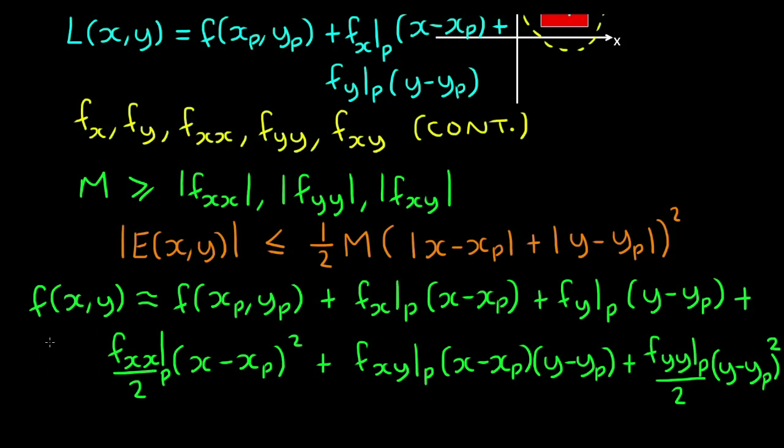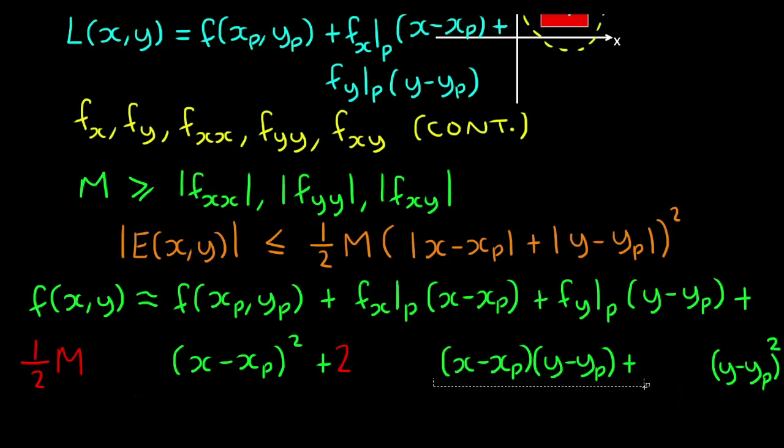And if we factor out 1/2, so this becomes a 2, and we get rid of these 2's in the denominator and replace the partial derivatives with the upper bound being m, then we can factor out m and get rid of these partial derivatives.